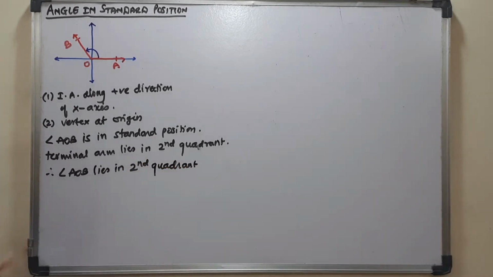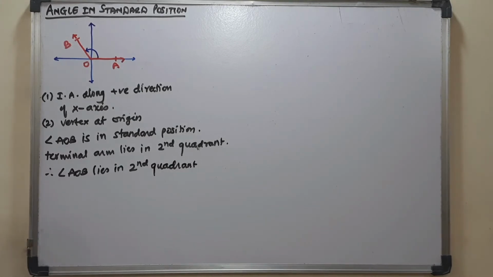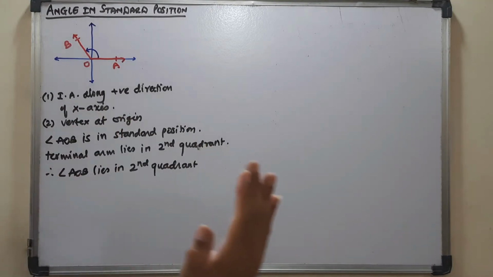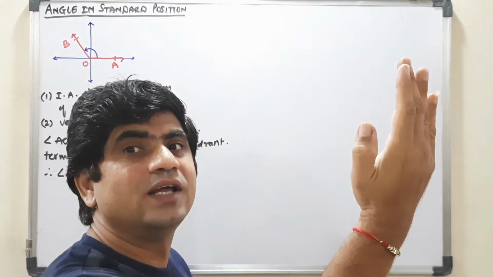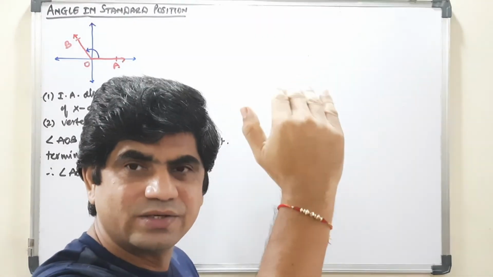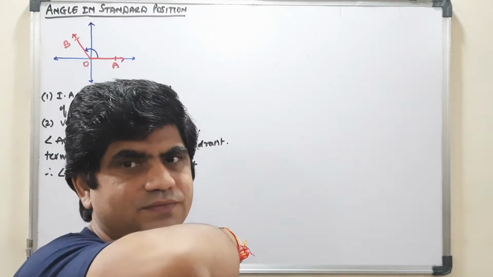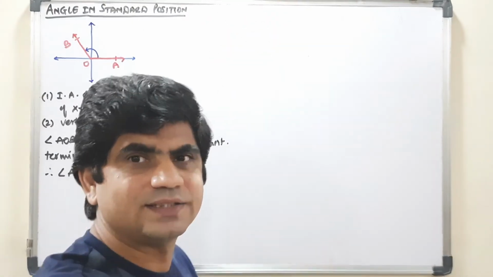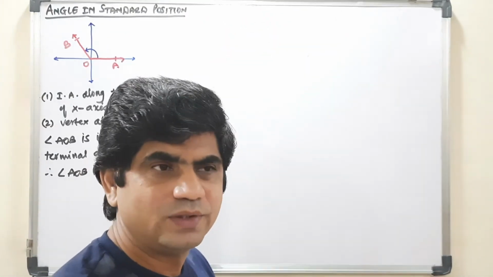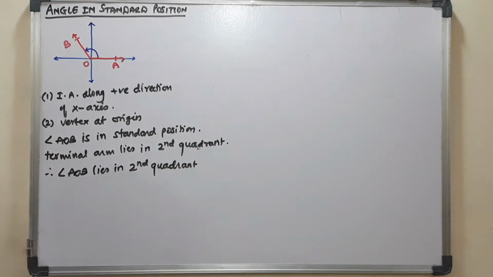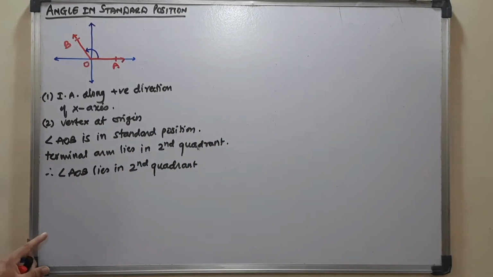But what if the terminal arm lies on the x-axis or on the y-axis? This side, this side, this side, this side. What will happen? Such angles are called quadrantal angles.